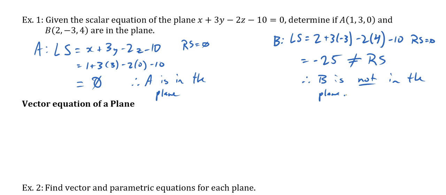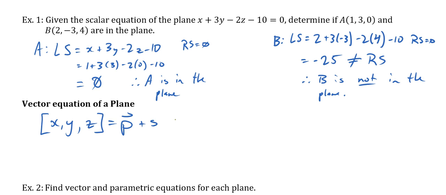Okay, so we talked about the scalar equation of a plane. What about a vector equation of a plane? So our point, or our position vector, it would be a point, but we think of it as a vector when we're doing a vector equation. And we need two vectors that are parallel to the plane, right?